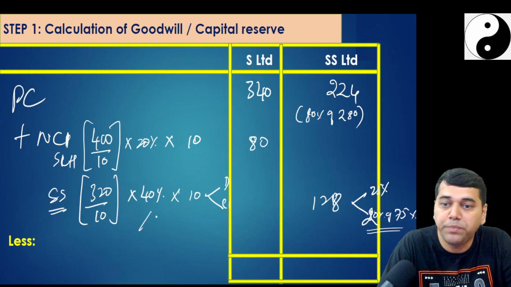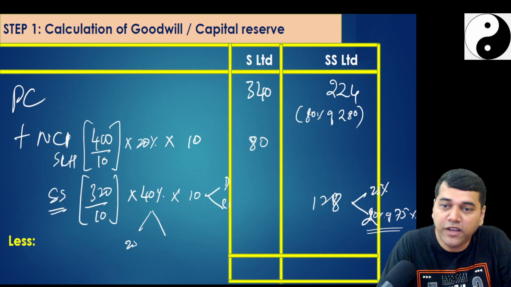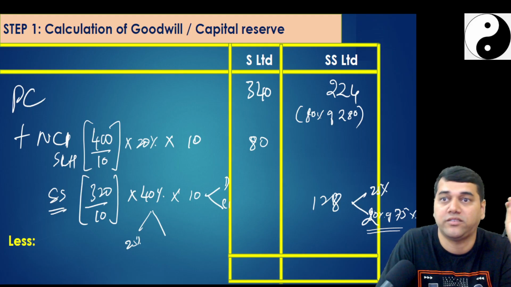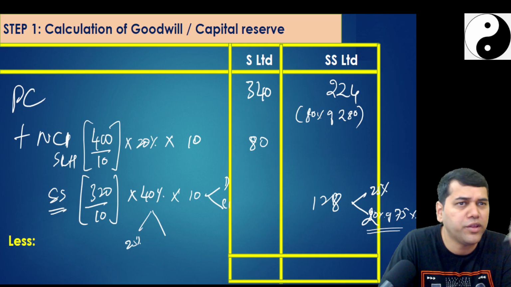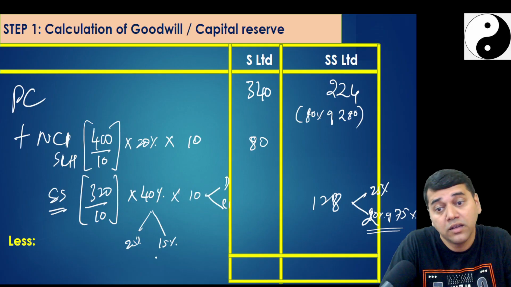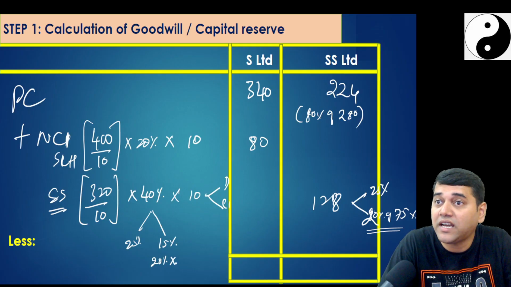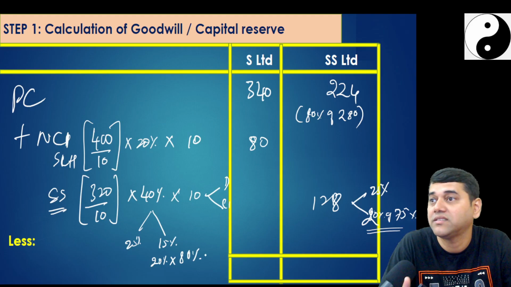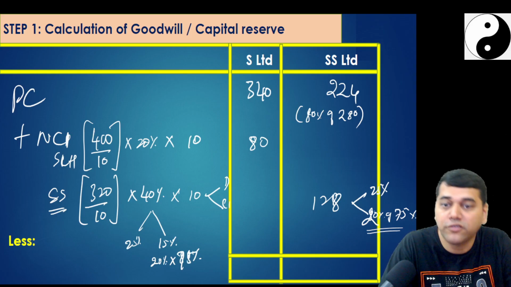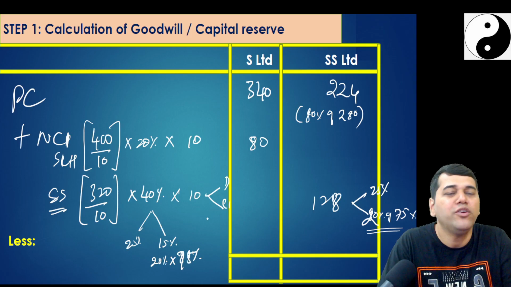Actually, there are two people here. 25% of this 40 are the pure NCI of SS. They are pure NCIs. And who is this balance 15%? They are S Limited NCI in this 75%. 25% of 75 is 15. But I don't need to give the breakup there.